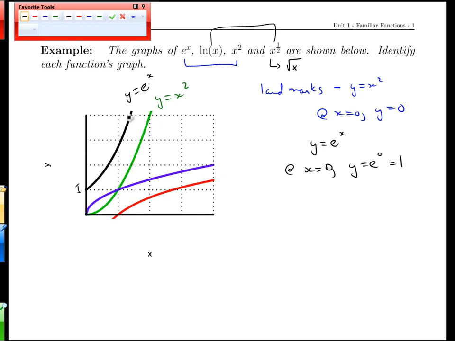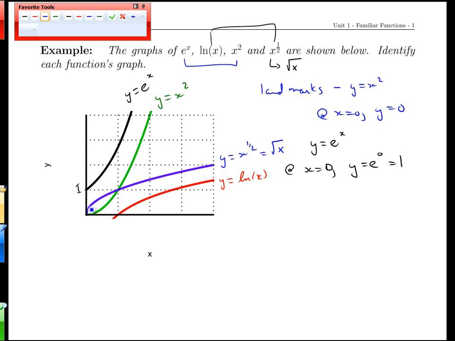The inverse of e to the x is ln of x, and remember that inverses are reflected across the y equals x line. So this red line here must be the graph of y equals ln of x, and this blue line must be the graph of y equals x to the 1/2, or square root of x.